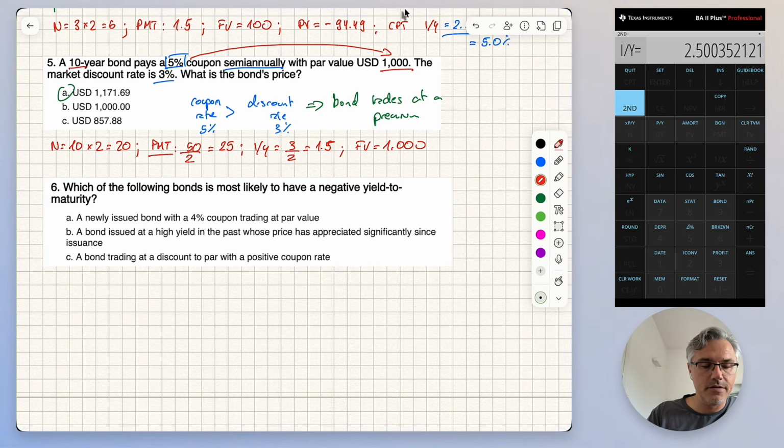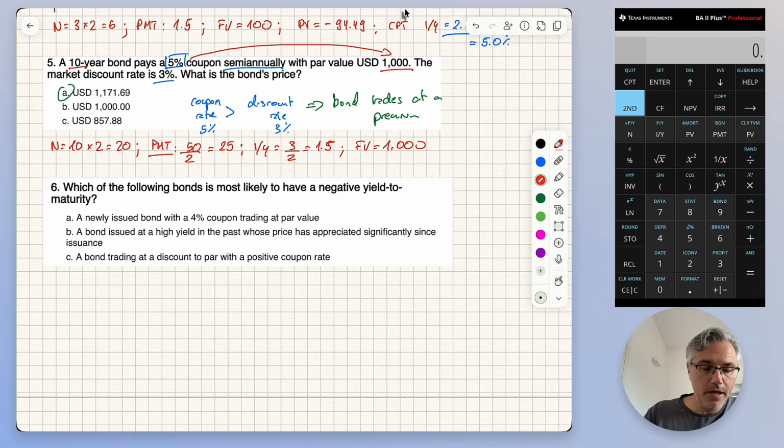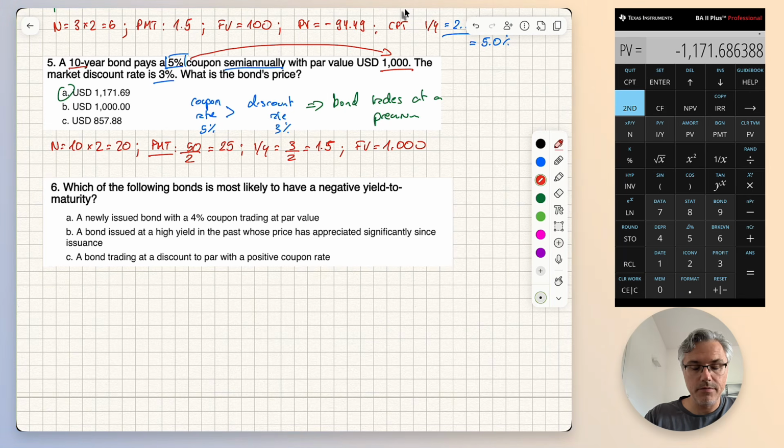Well, let's first clear the time value of money worksheet. 20 for N, 50 divided by 2, or 25, is the input for PMT. 1.5 is the input for I over Y. 1,000 is the FV input, and we're computing PV here. Yeah, 1,171.69. Very nicely fits in with answer A.